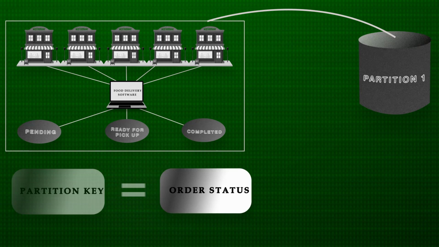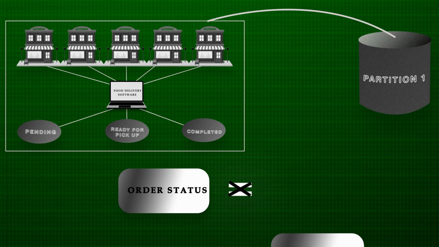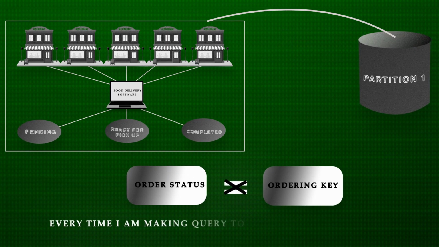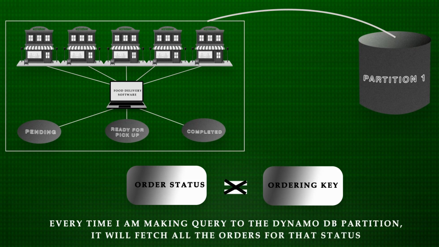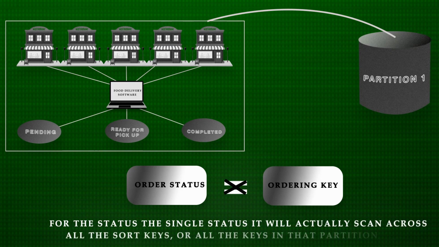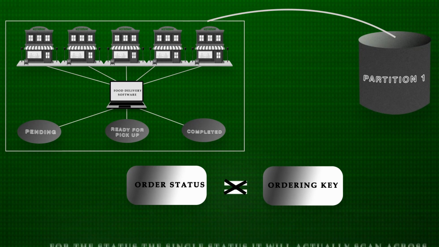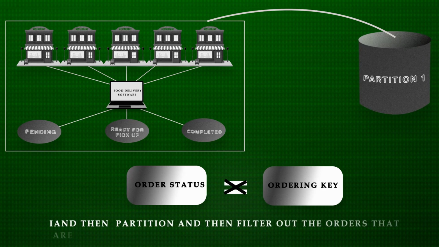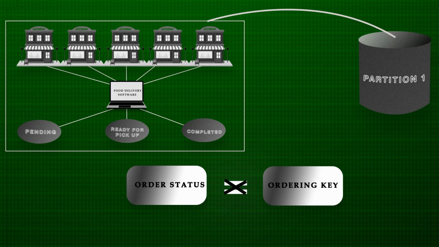So obviously I cannot make order status as the ordering key, because every time I am making a query to the DynamoDB partition, it will fetch all the orders for that status. So for a single status, it will actually scan across all the sort keys or all the keys in that partition and then filter out the orders that are ready for pickup. But we don't want that here.